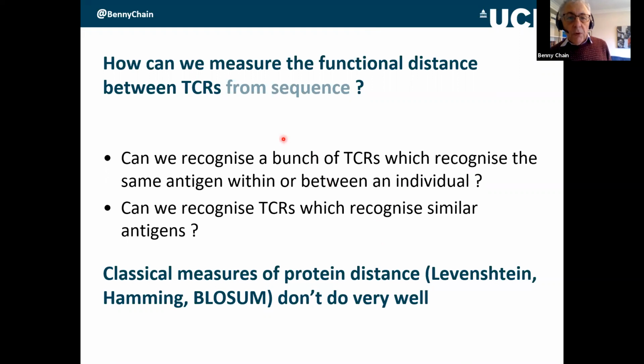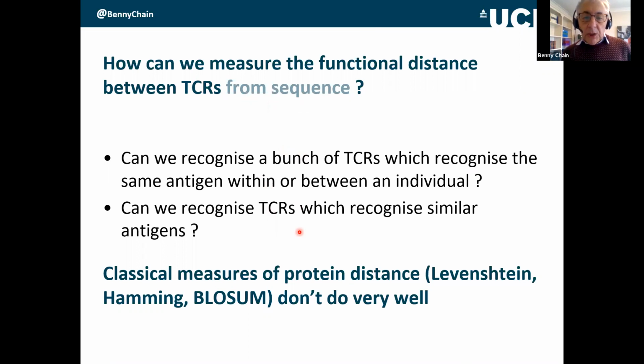And as I said before, maybe we can try and do that if we had the actual structure of the molecule, but it would be even better if we could do it just from the primary sequence, because that's an easier piece of data to obtain. And as a starting point, classical measures of protein distance don't do very well in terms of alignment.